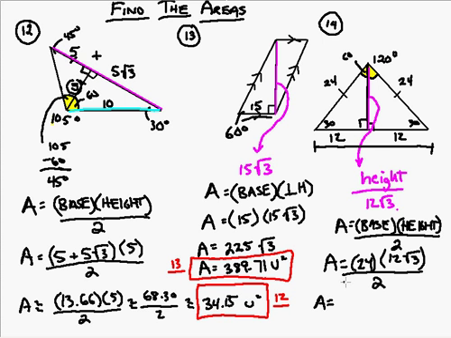So if I were to go ahead and go 24 times 12 times the square root of 3, I get 498.83. I'm going to divide that by 2.